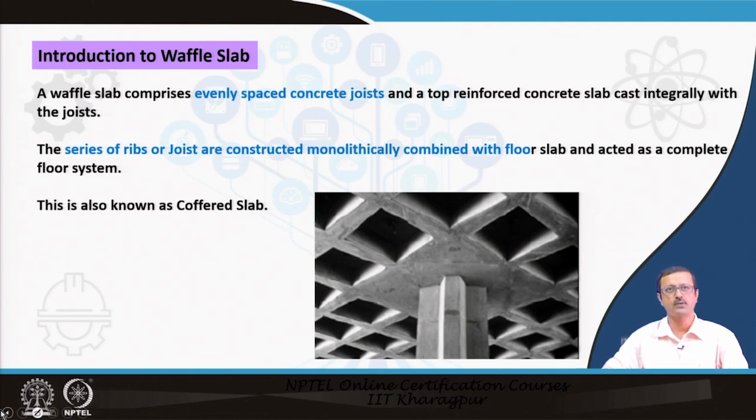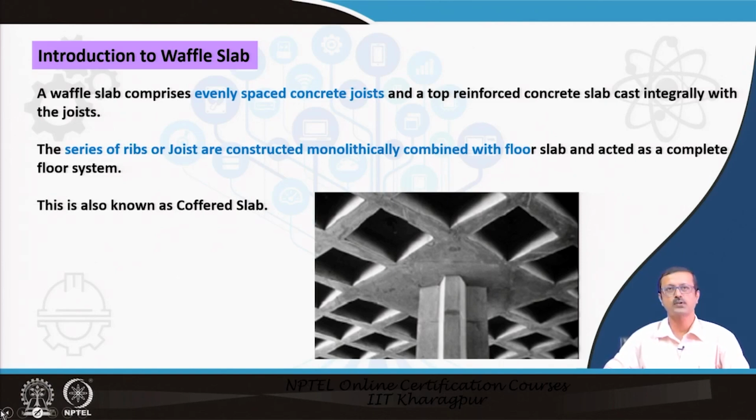The waffle slab is one typical type of slab, a plate, which is made consistent with monolithic beams. Monolithic beams are very common for slabs, but in the waffle slab case, very closely spaced concrete joists or beams are monolithically cast with the slab.